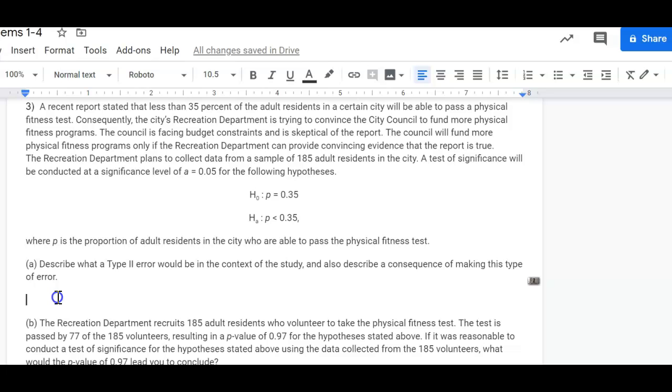So in context for this problem, basically we would assume that the proportion of people who can pass the fitness test is 0.35, even if that's not necessarily the case, even if it is in fact less. And to answer this problem, all we have to do is basically write that in a cohesive sentence.